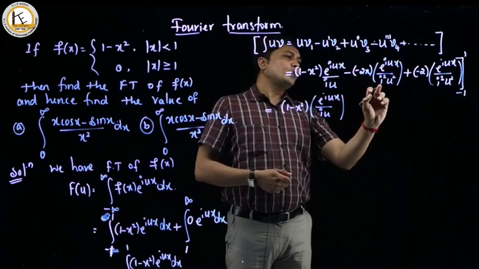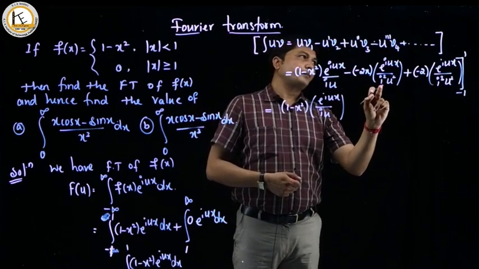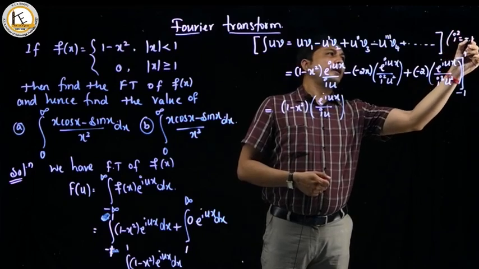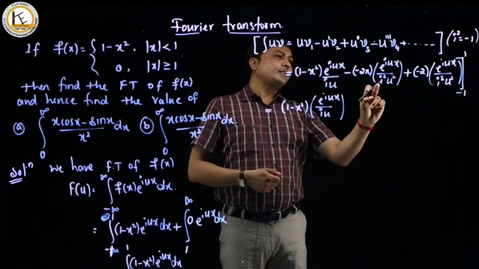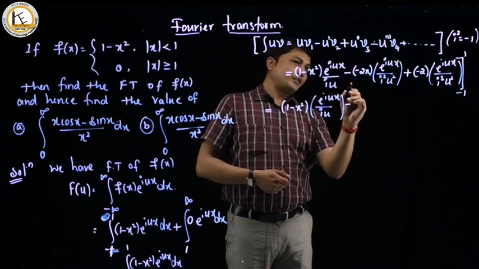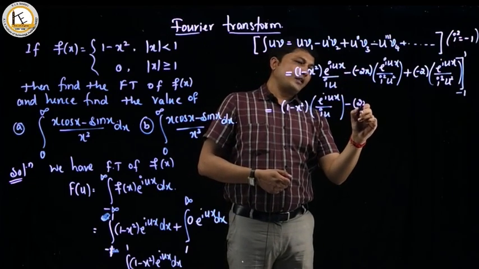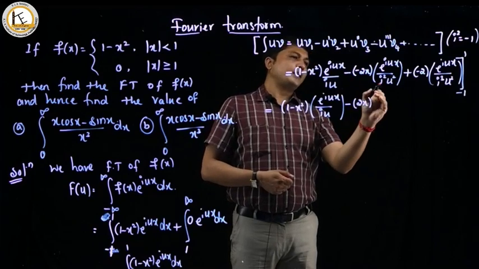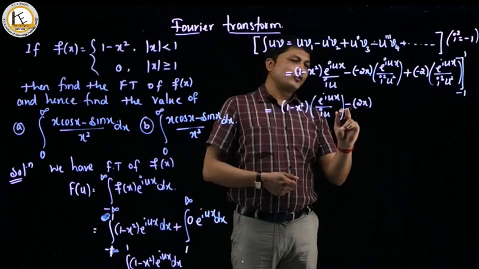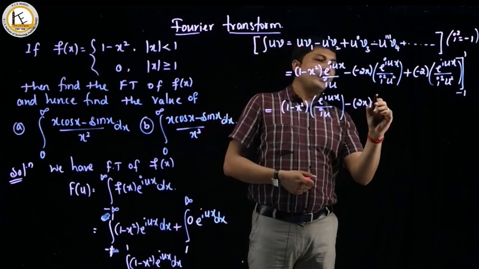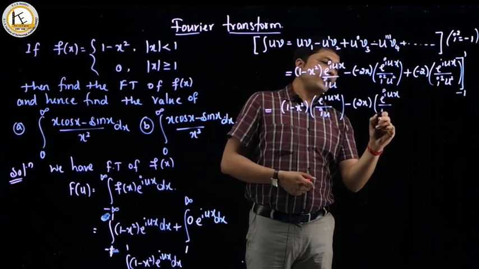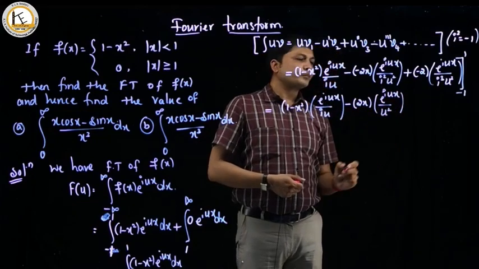And since we know that i square is minus 1, minus into minus becomes plus, and since there are 3 minuses here, it becomes minus 2x into e raised to iux divided by u square.